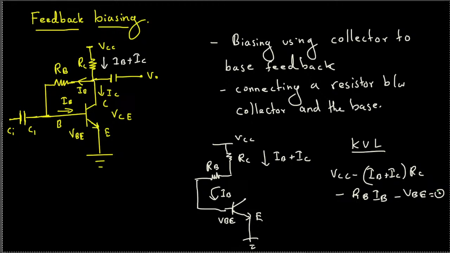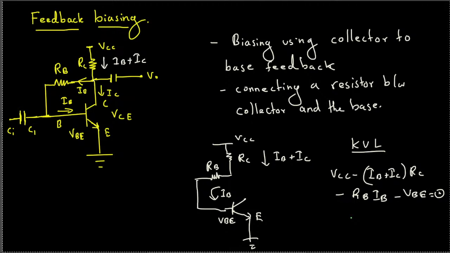Okay, now here we want to rearrange this one in terms of IB, but before we do that, there are some things we can do to make it simpler and better. One of the things we can do is, instead of IC, replace it with beta IB, because IC is equal to beta IB.